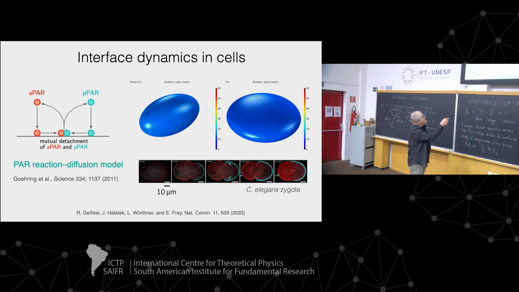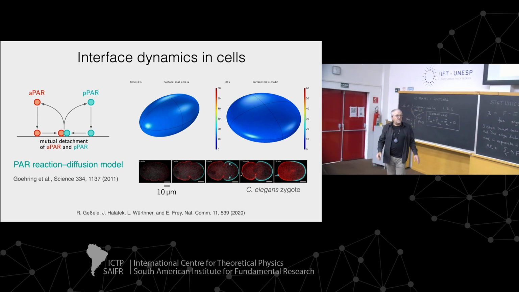The model behind this is a very simplistic type of description of what's going on. Behind that, as usual, is a huge network, but this here gives you the main picture. The main picture is that there are two proteins called A pars and P pars, for anterior and posterior PAR proteins. They attach to the membrane, and when they attach to the membrane, they fight.